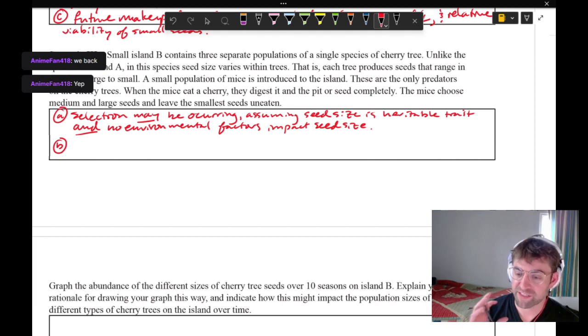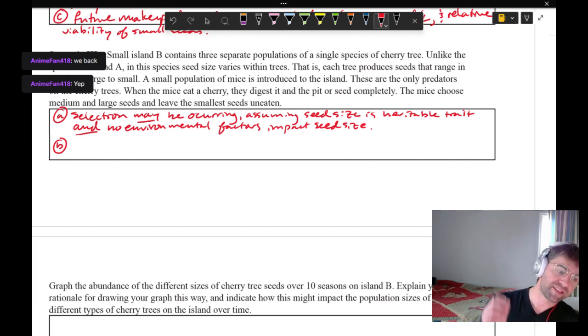So part B, is there a difference in relative fitness? Let's say seed size varies with nutrition as opposed to genetics. The selection against large and small seeds isn't necessarily selection against any particular genotype in that case, right? In that case, there would be no genetic difference in fitness.